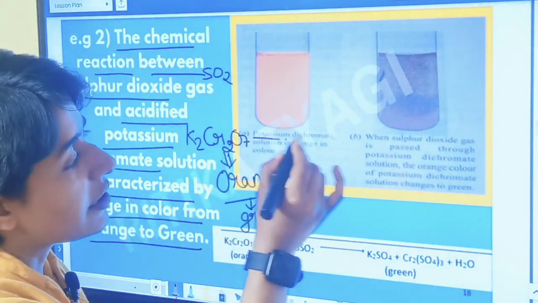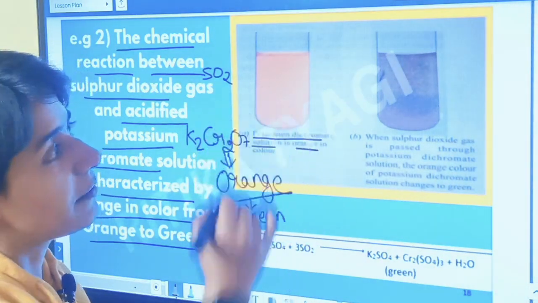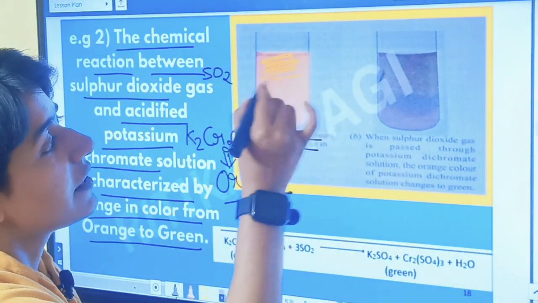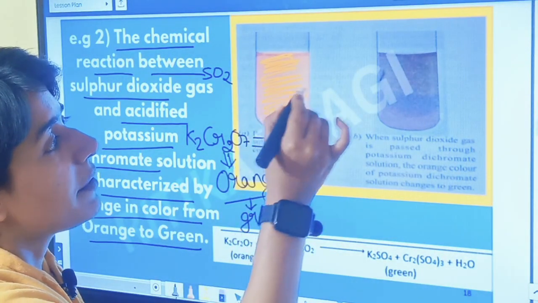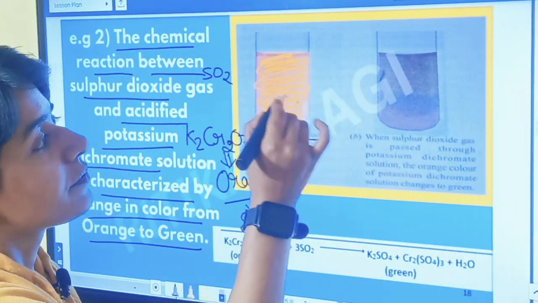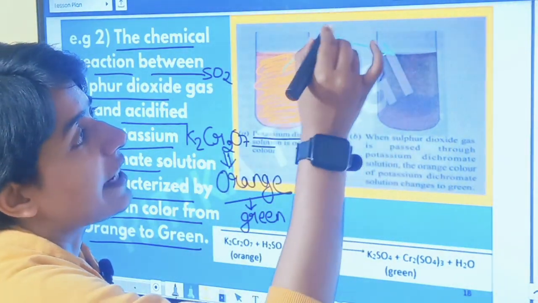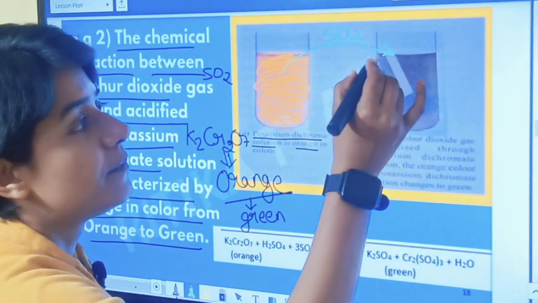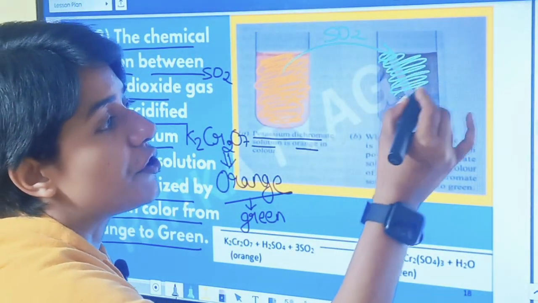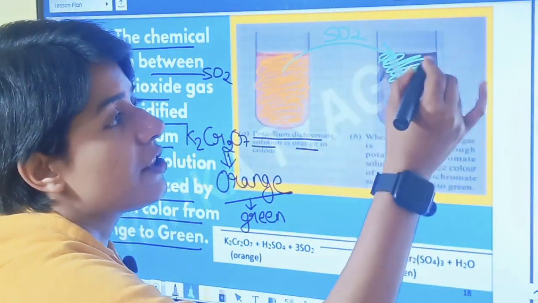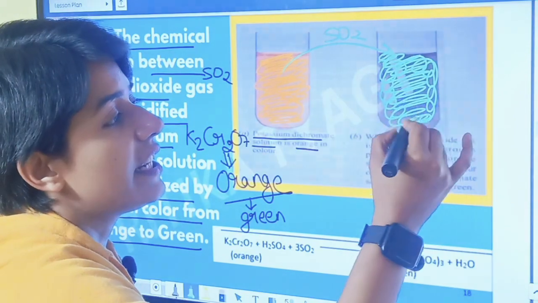Here it is shown: potassium dichromate solution, orange in color. Now sulfur dioxide gas is passed into it, then the color of the solution changes and it becomes green in color.